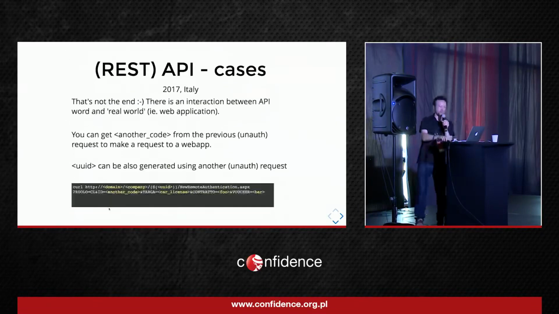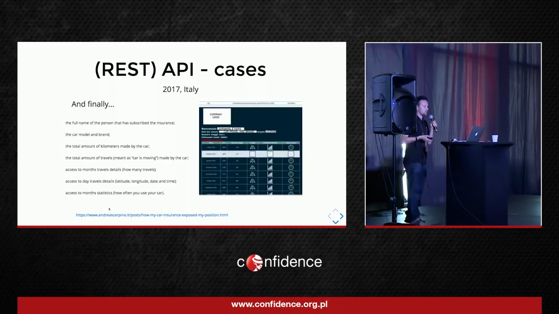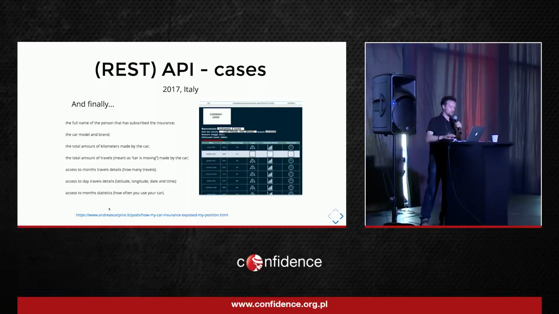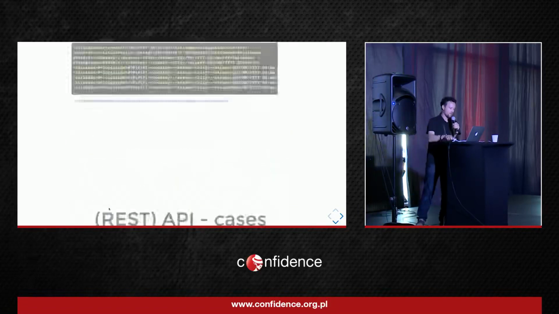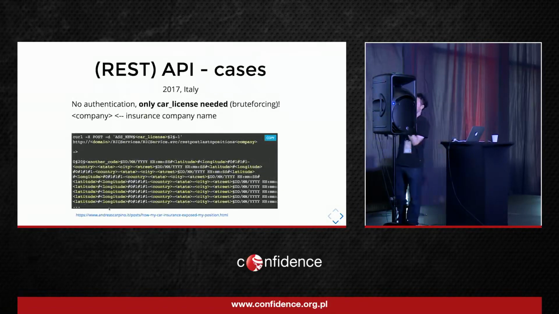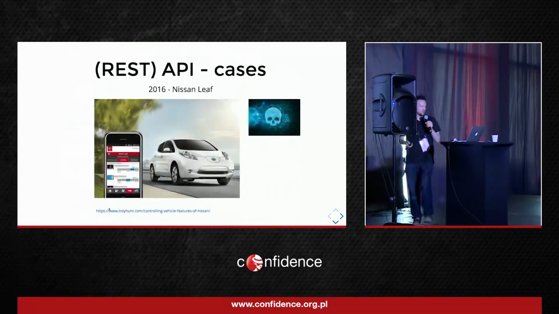So we have actually all the parameters needed, and in the response, we had all the information about the car owner, all the history, where this car was, actually everything. So no authentication and actually no authorization. All you needed was this actually number from the car plate. Pretty crazy.